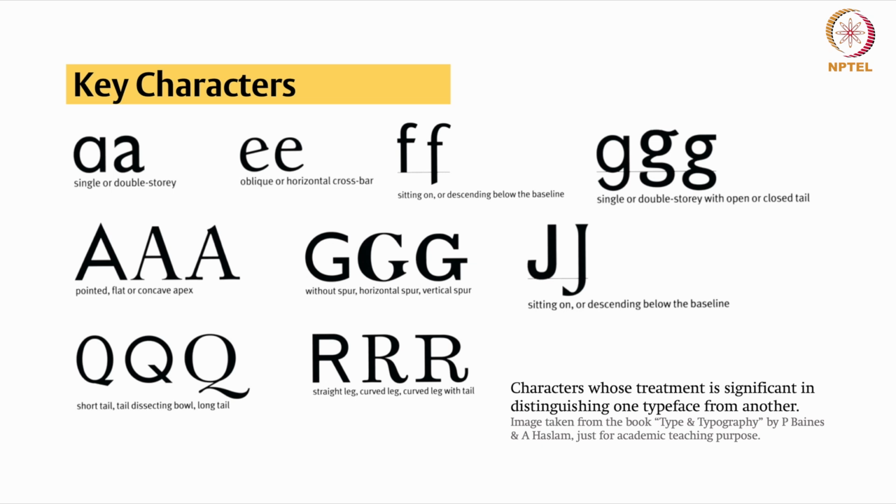I hope this is clear in terms of bringing newness and uniqueness to the letters, and accordingly the different kinds of treatments designers generally give to at least these few letters.